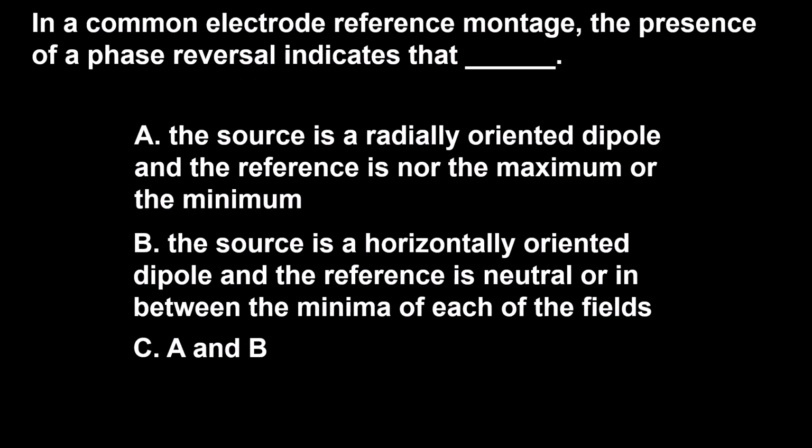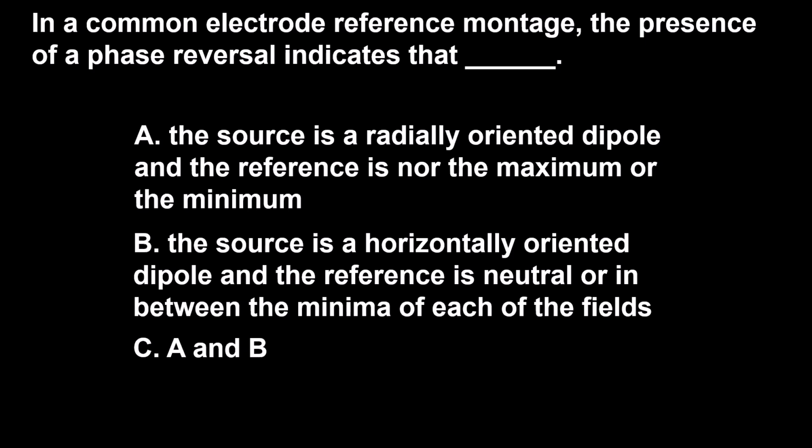Next question. In a common electrode reference montage, the presence of a phase reversal indicates that: A. The source is a radially oriented dipole and the reference is neither the maximum nor the minimum.